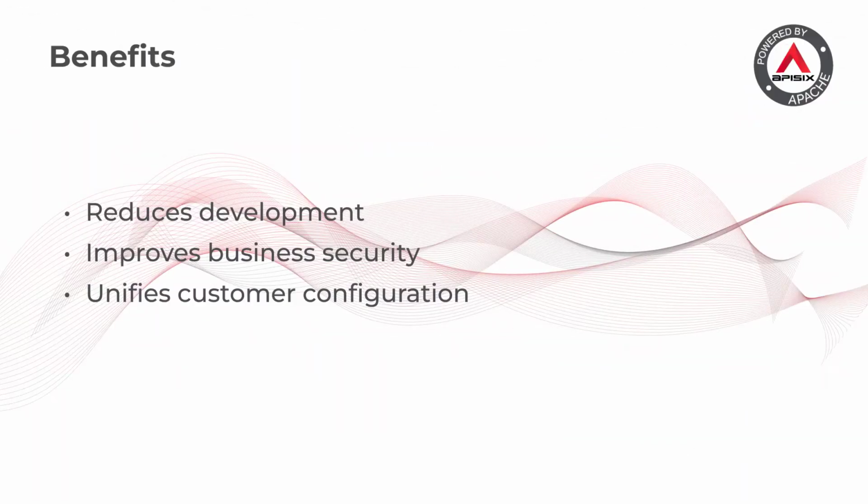Here are the major benefits of using centralized authentication. It simplifies the application development process because the gateway alone interacts with the identity provider and alone has to know how to deal with authentication logic, avoiding the need to repeat the development of authentication code for each application. The centralized authentication mode also improves business security.